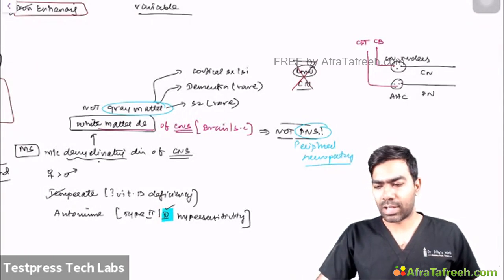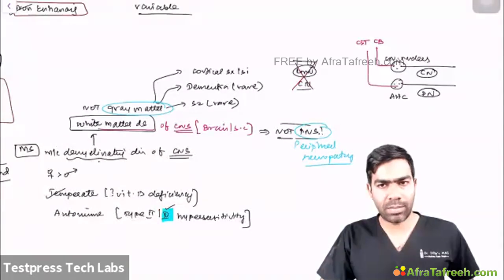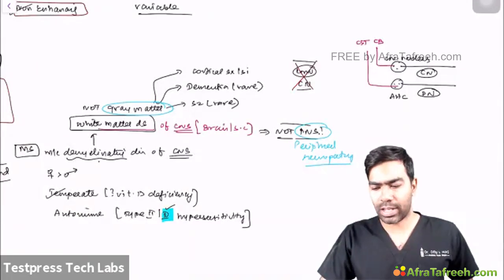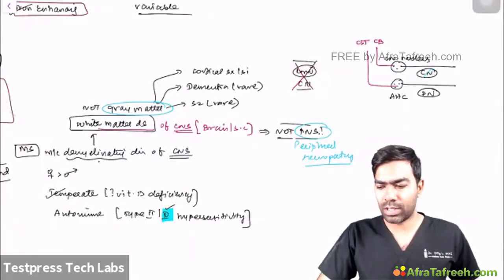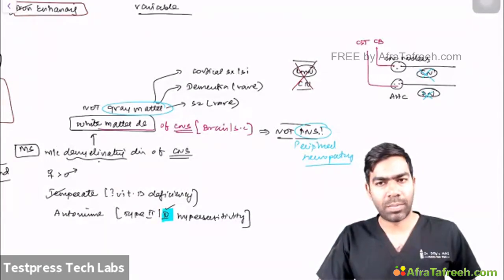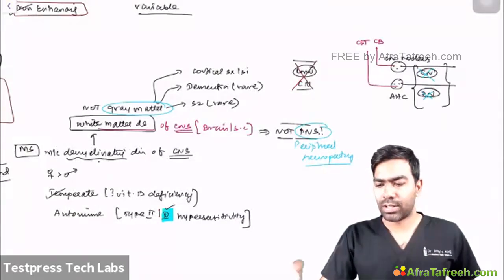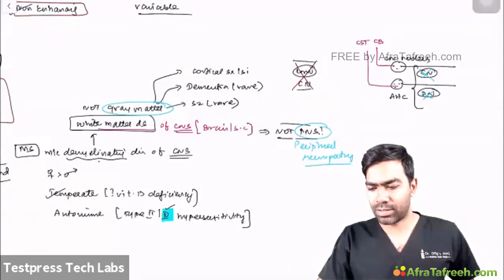Which means cranial nerves are also LMN only. Peripheral nerves are also LMN only. So MS is a disease of upper motor neurons. It will not affect the lower motor neurons at all, because it cannot cause peripheral neuropathy. So LMN cranial palsy is impossible in the setting of multiple sclerosis. Absolutely impossible. It is not going to touch the LMN cranial nerves.